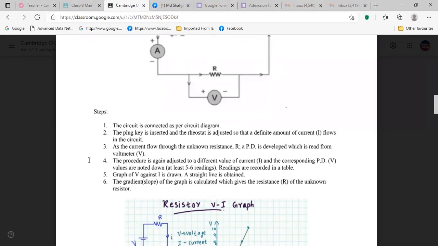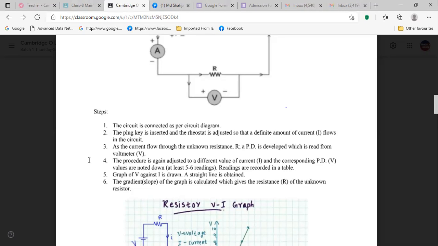Three, as the current flows through the unknown resistance R, a potential difference is developed, which is read from voltmeter V. Four, the procedure is repeated for a different value of current I, and the corresponding potential difference (voltage) values are noted down, at least 5 to 6 readings. Readings are recorded in a table.